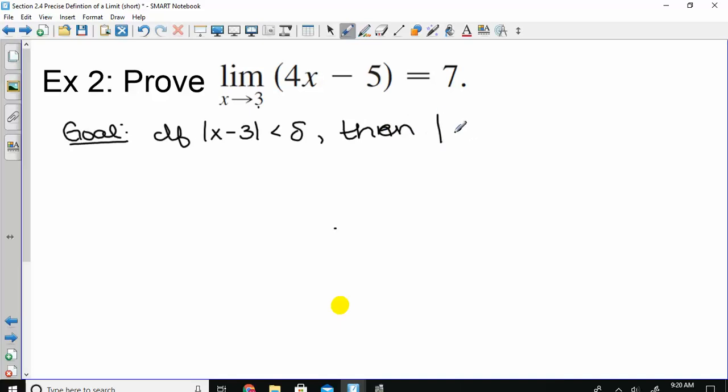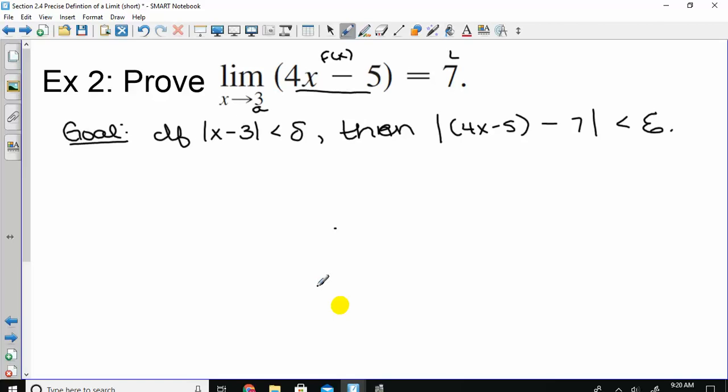Then, if you look back at your definition, it says the absolute value of f of x. F of x is your function, minus your limit, my limit is my 7, is less than epsilon, this curvy looking e. So in other words, that's my a, this is my function, this is my limit.